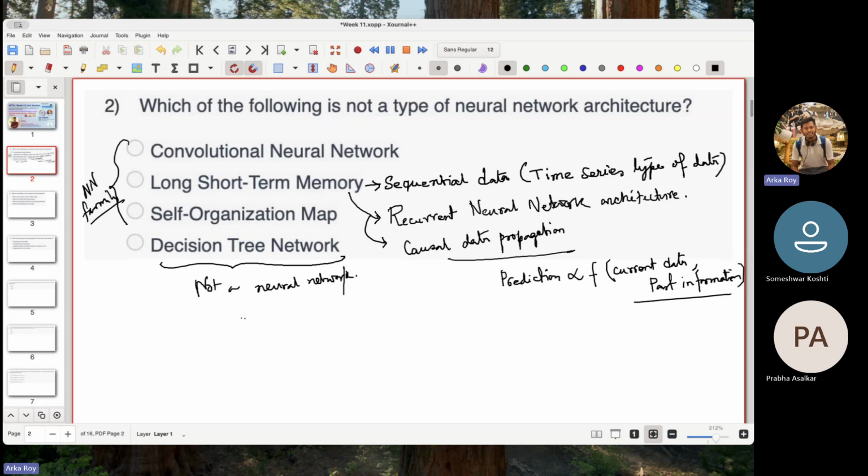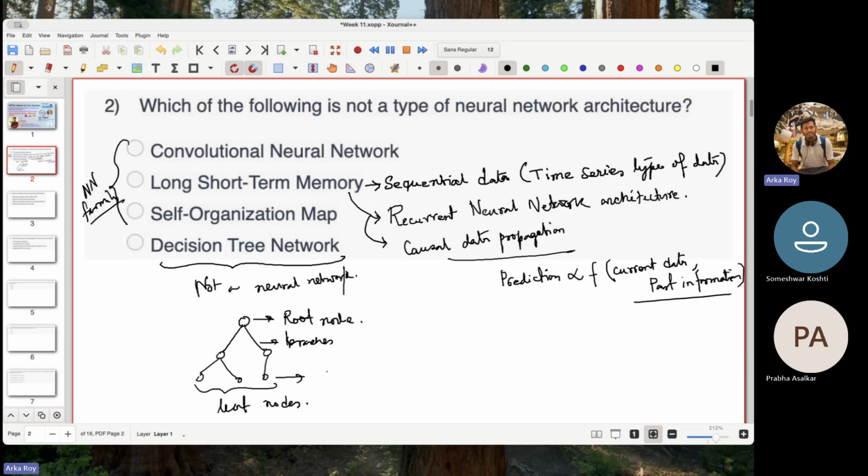In case of a decision tree, you have the root node and the branches, and at the output you have the leaf nodes.